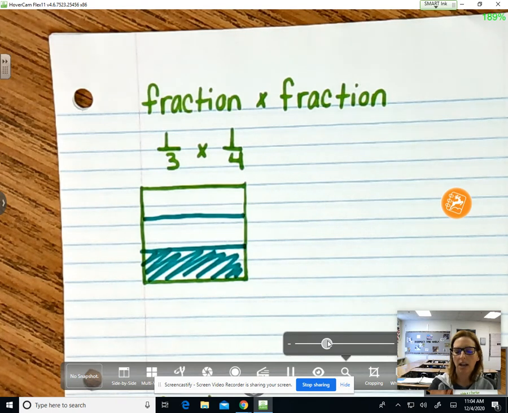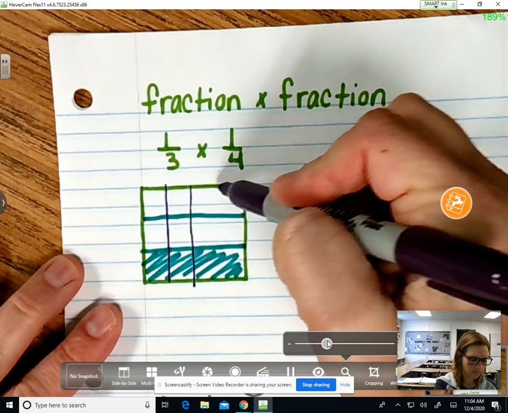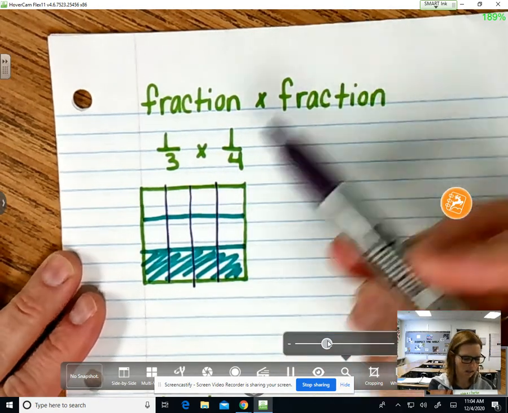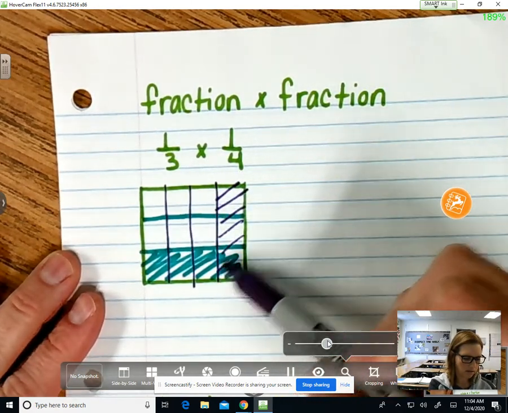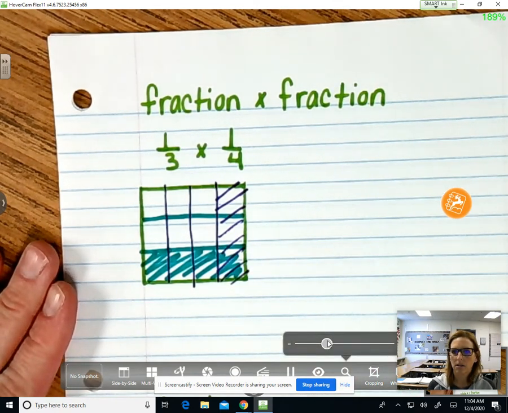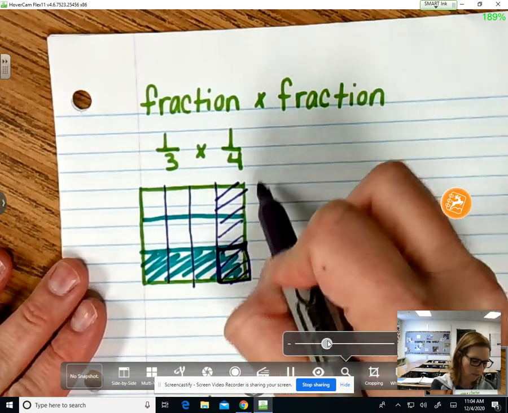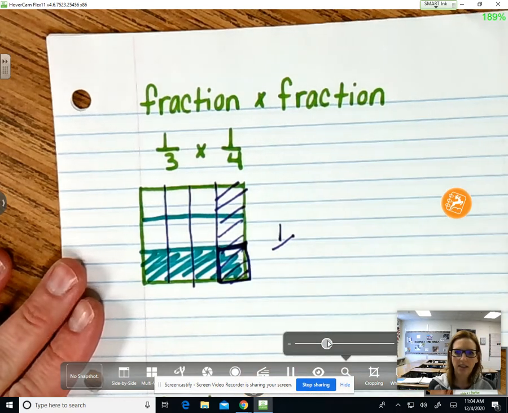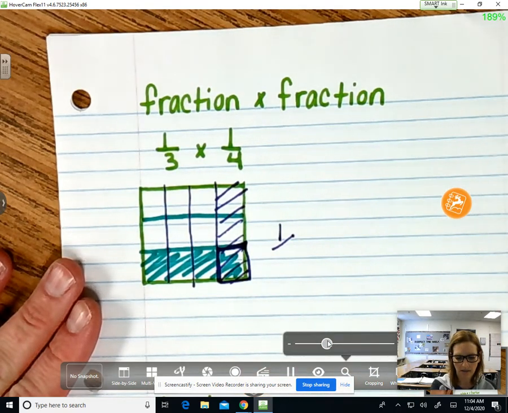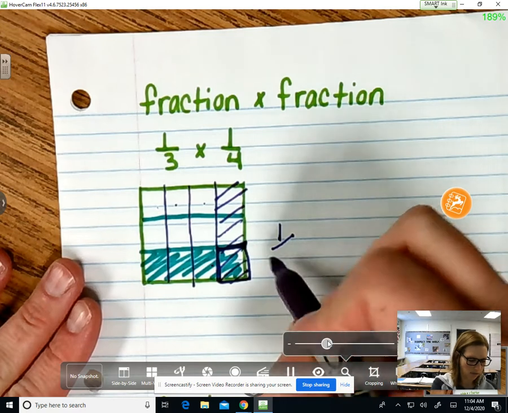And then if I draw some lines vertically to divide this into fourths, and I shade in a fourth, what this model is representing is the numerator where both shadings overlap. I have 1. And the denominator is how many pieces I divided this into total. So I have 1, 2, 3, 4, 5, 6, 7, 8, 9, 10, 11, 12.